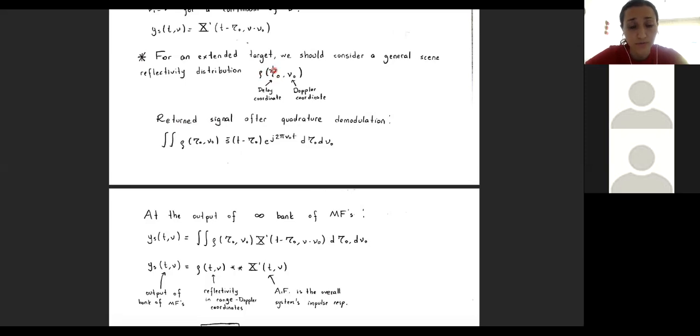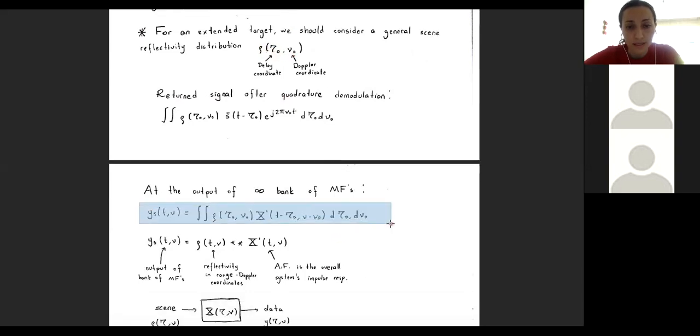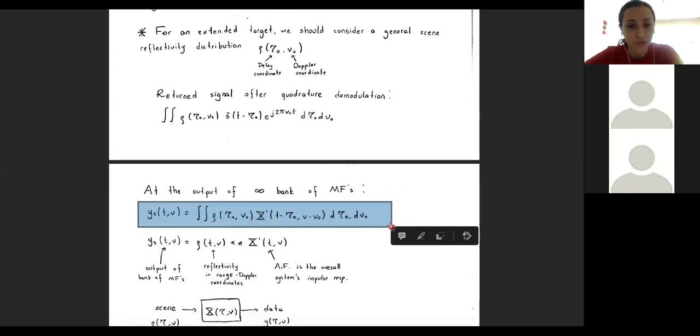It's a function of tau 0 and v 0, and then we integrate with respect to tau 0 and v 0. That's going to be the overall signal obtained at the output of these matched filters, as a result of contributions from each tau 0 and v 0. We're going to get this measurement for an extended target.